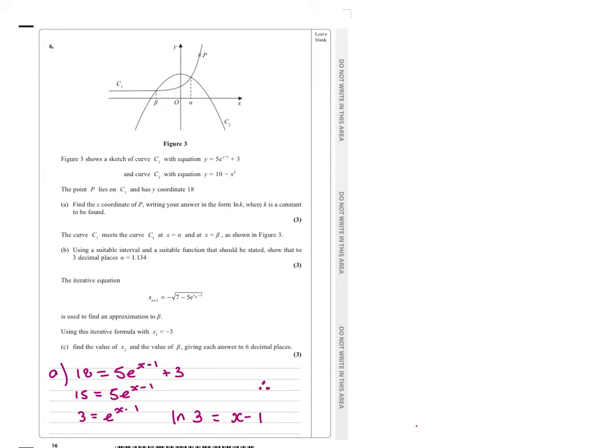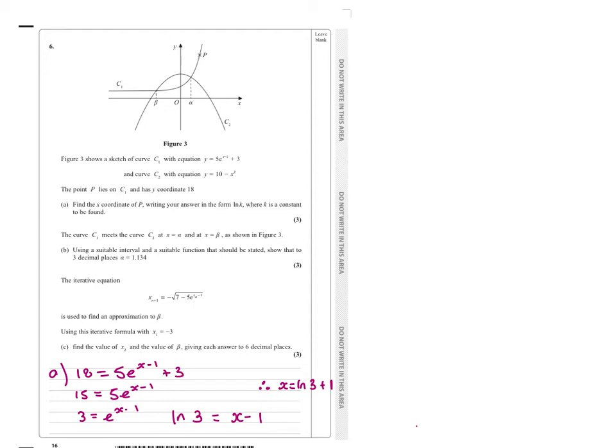Therefore, x equals ln of 3 plus 1. But it wants it in the form ln k.